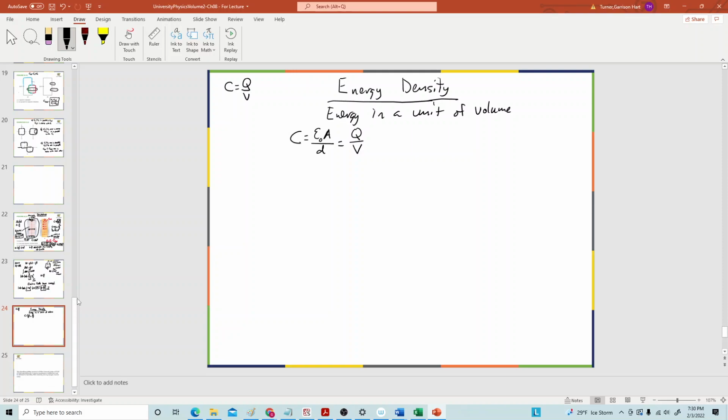But remember that the electric field is related to the voltage through this formula, right?